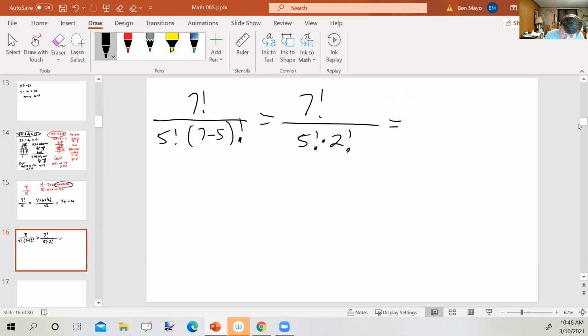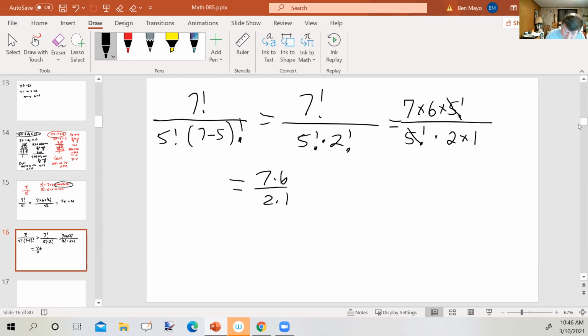So in the numerator, I'm going to write 7 factorial as 7 times 6 times 5 factorial. The denominator, I'm going to write as 5 factorial times 2 factorial, which is 2 times 1. Now I can reduce out the 5 factorials on top and bottom. I have 7 times 6 over 2 times 1. I can reduce the 6 and the 2 to 3 and 1, and I end up with 21.